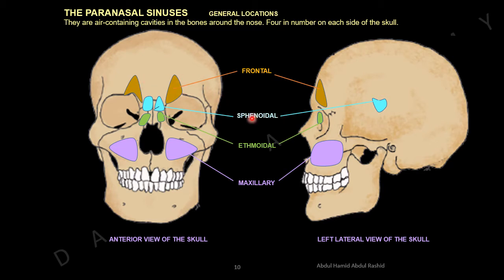This is sphenoidal sinus in the body of the sphenoid bone. This is ethmoidal sinuses. They are also in the lateral mass of the ethmoid bone. This is maxillary sinus. They are in the body of the maxillary bones.